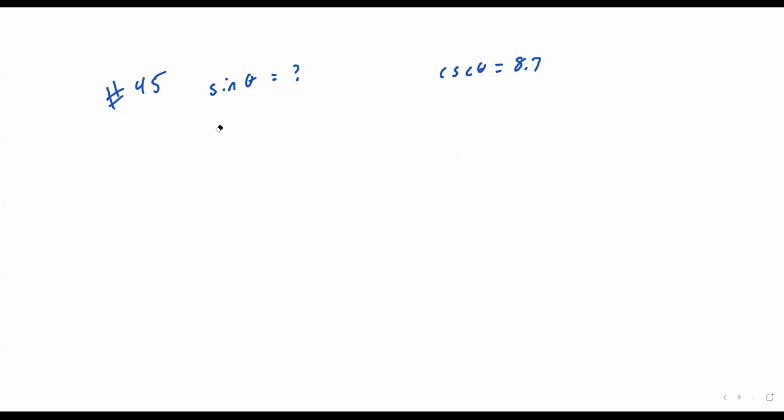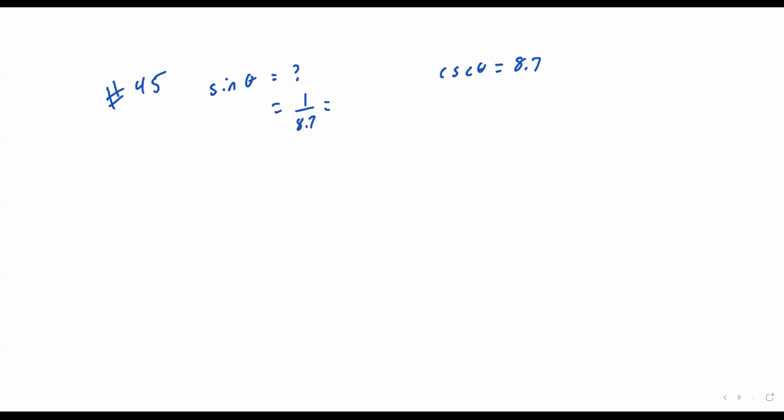All right. So to find out what sine is, you got to remember that cosecant is the inverse of sine, but then sine is the inverse of cosecant. That's how inverses work. They can go back and forth. So this is actually going to be the same thing as 1 over 8.7.